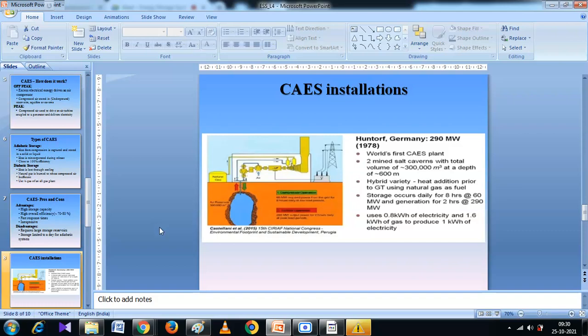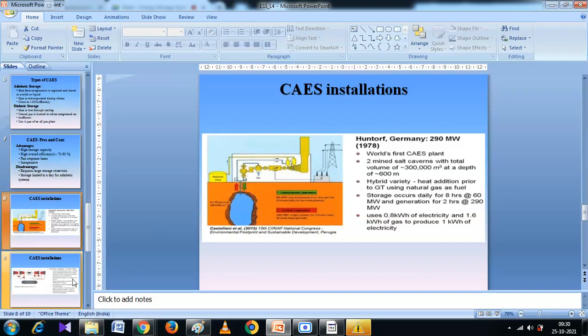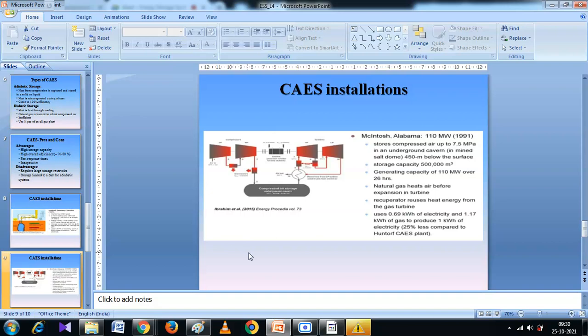But after that, the second storage is in Alabama, which was installed in 1991, and the capacity is 110 megawatt.